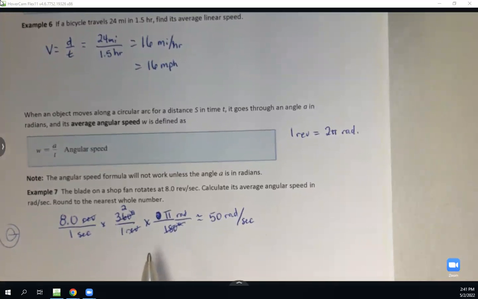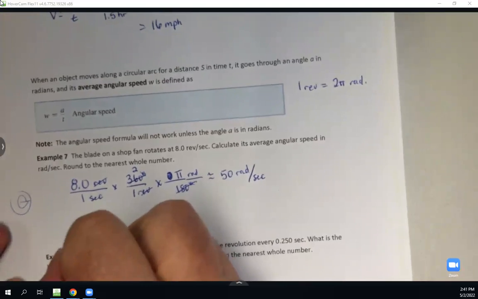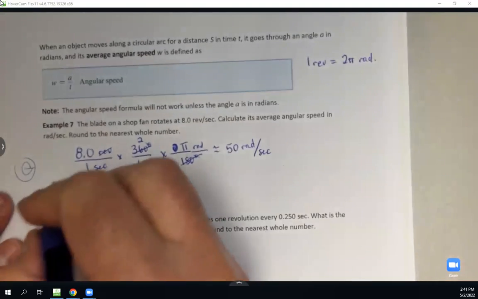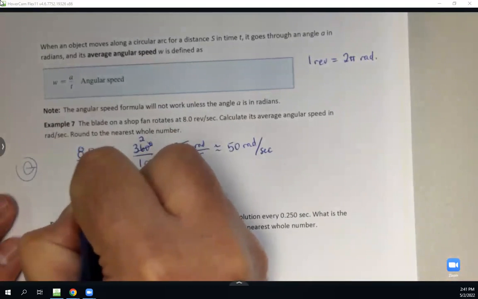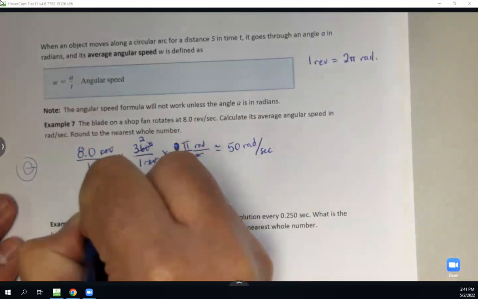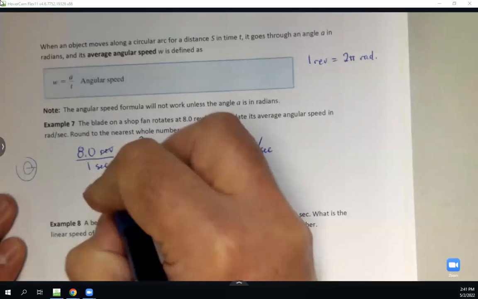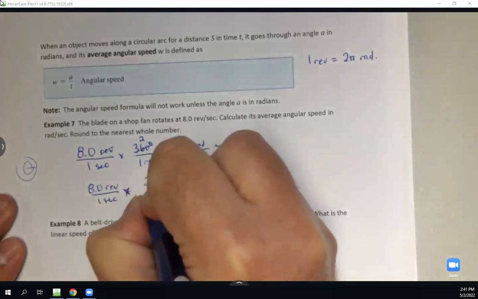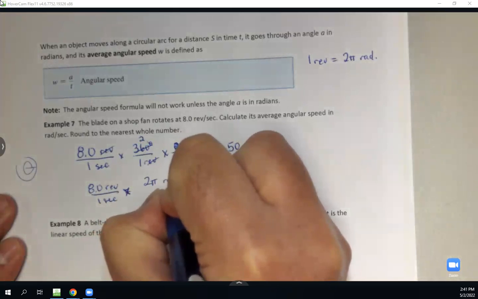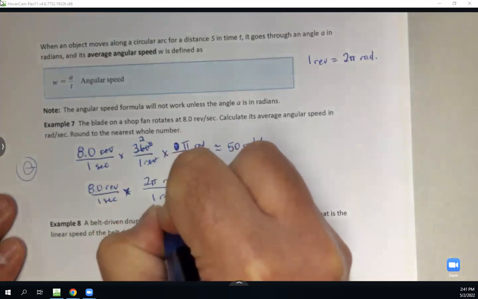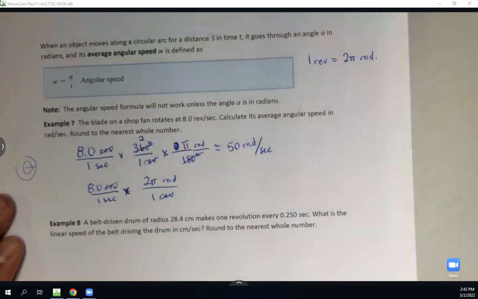Does that make sense? So if I would have known that fact, I could have said, well, I've got 8.0 revolutions per 1 second. So that would be times 2 pi radians over 1 revolution. And that would get rid of revolutions.